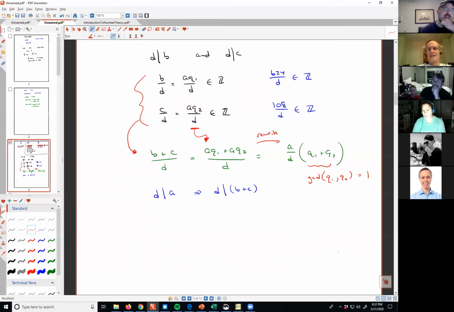And A is divisible by D. Then A is divisible by D. Yeah, in order for this to be an integer. Not necessarily. D could divide Q1 plus Q2. So do we need another theorem in there?